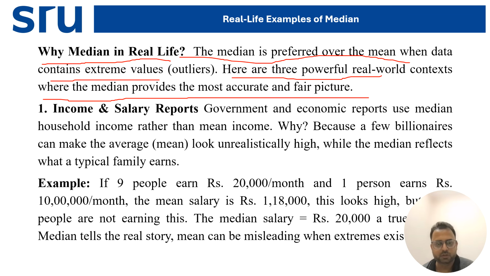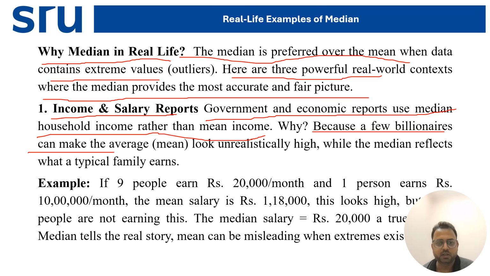So let us look at the first example: income and salary reports. Government and economic reports use median household income rather than mean income. Why? Because a few billionaires can make the average look unrealistically high, while the median reflects what a typical family earns.